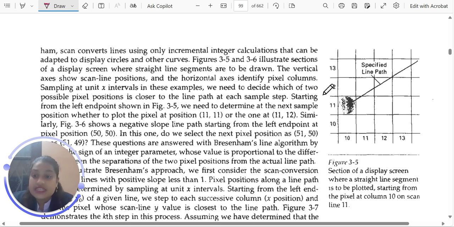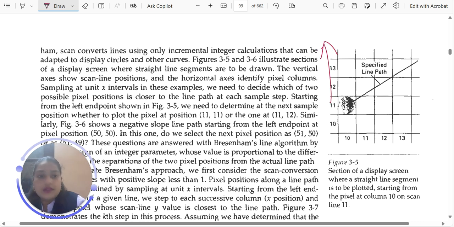The vertical axis shows scan line positions and the horizontal axis identifies pixel columns. So the y-axis represents the scan line positions and the x-axis identifies the pixel columns.